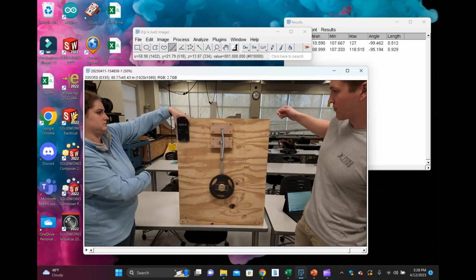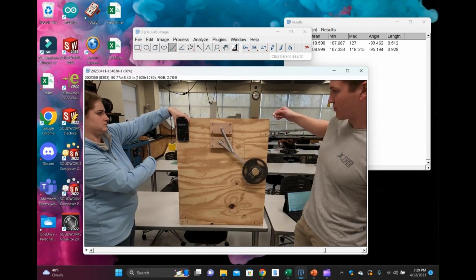We got 0.34 seconds, and we're going to divide that by our 10 data points. So the weight every 8 frames is equal to 0.034 seconds. So we've established our time, and the way that we find our velocity is between every 8 frames, we take the change in distance over the change in time. And those values can be found in the spreadsheet.